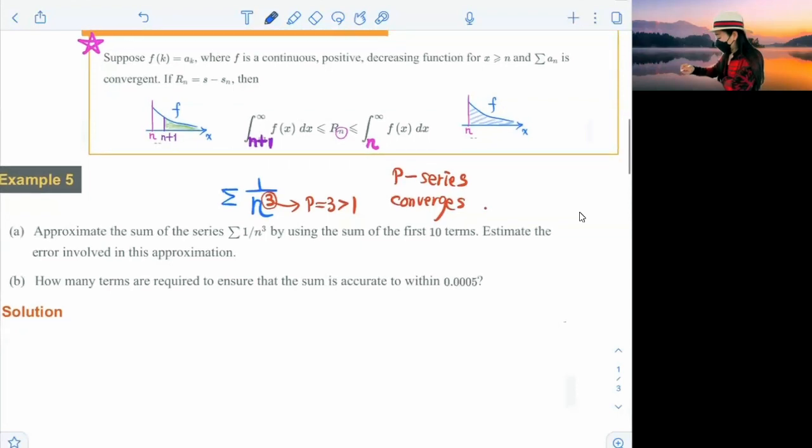The index here goes from 1 to infinity. So the first term will be what? 1 over 1 cubed, 1 over 2 cubed, 1 over 3 cubed, and then all the way. And what about the 10th term? 1 over 10 cubed, right?